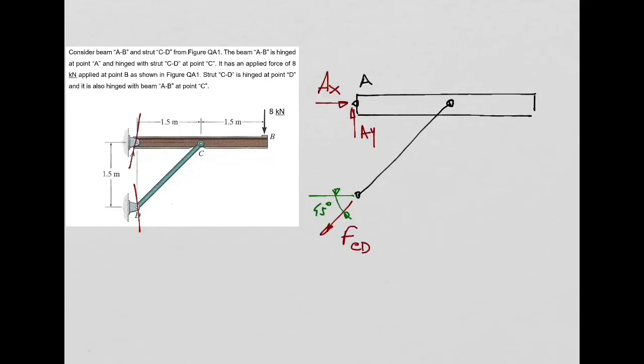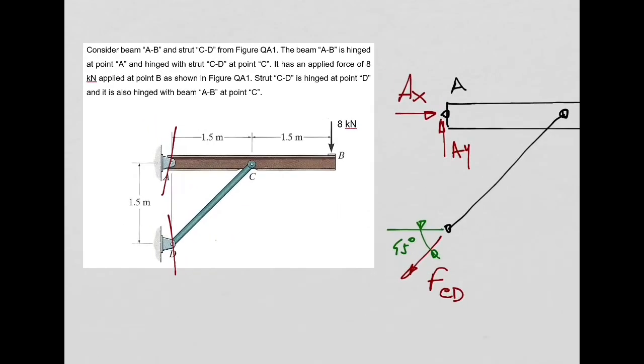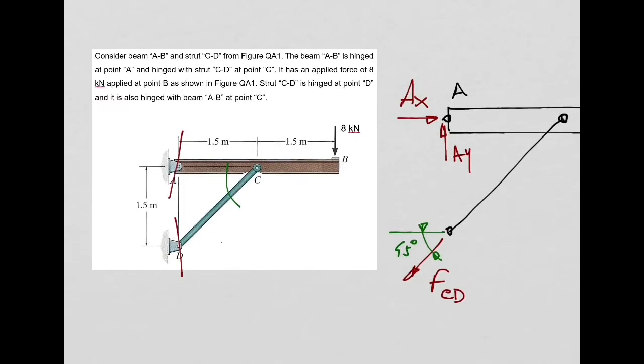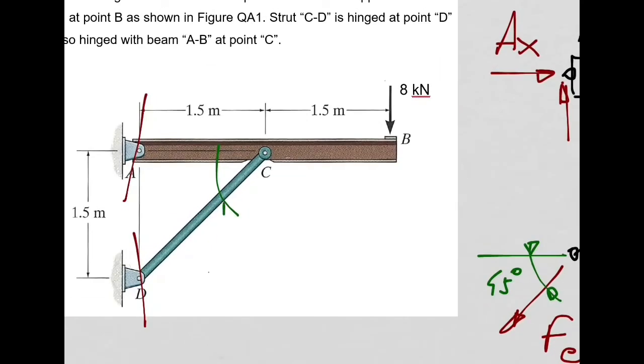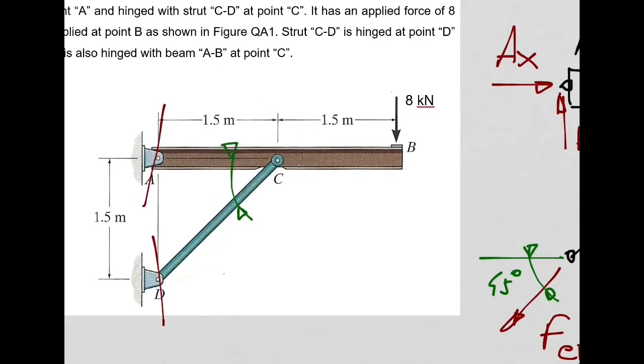Why is it 45 degrees? So this angle is the same as this, right? You agree with me? Because if you call this alpha, the tangent of alpha is equal to 1, right? It is 1.5 over 1.5, and then alpha needs to be equal to 45 degrees, right?